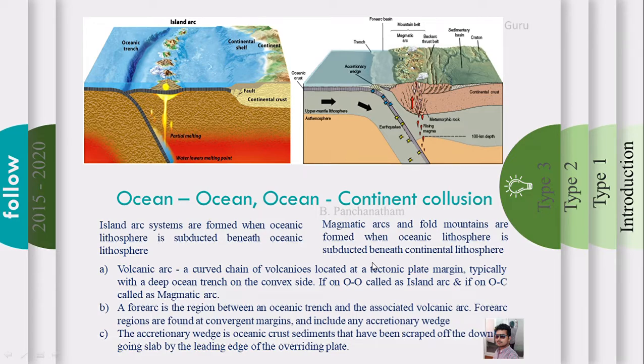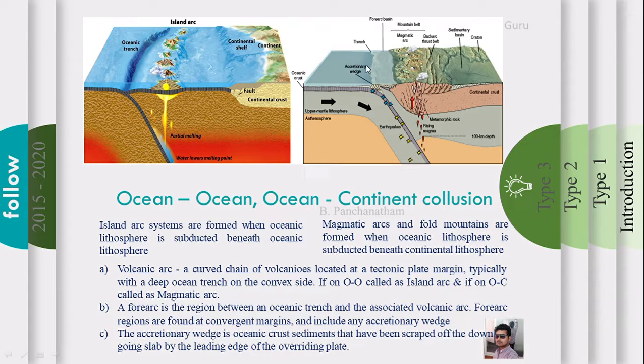There are also other features like a volcanic arc, a curved chain of volcanoes located on a tectonic plate margin, typically with a deep oceanic trench on the convex side. If ocean-ocean collision takes place, we call it an island arc system. If ocean-continent collision takes place, we call it a magmatic arc system.